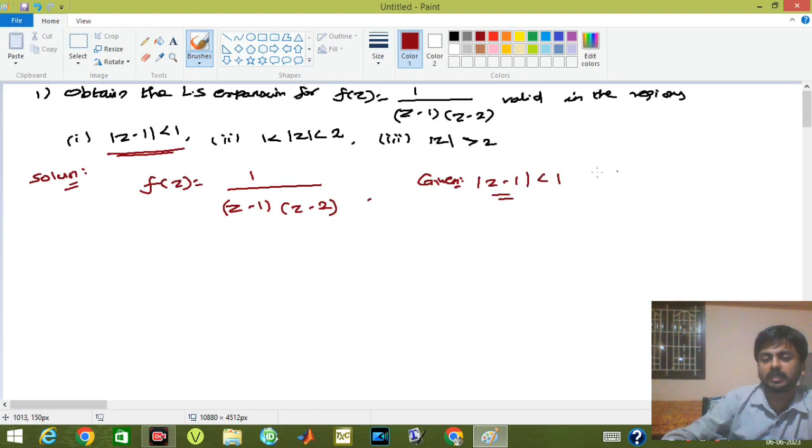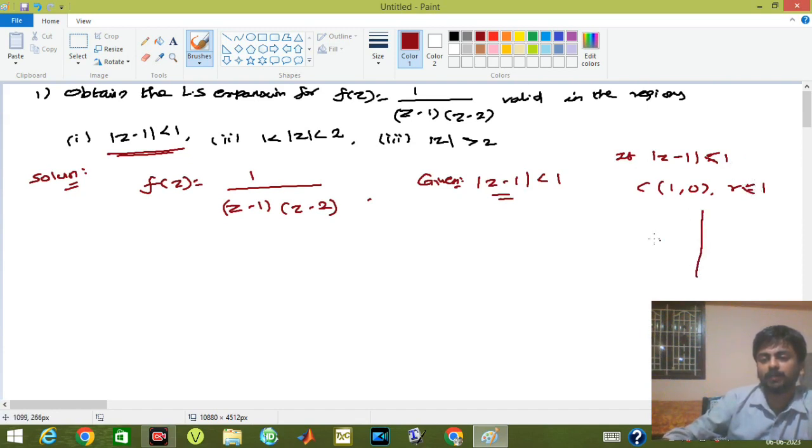If I am considering this as a circle, that is, if I am taking modulus of z minus 1 equal to 1, then the center will be (1, 0) and the radius will be 1. But here they have given less than 1, so my radius is also less than 1.